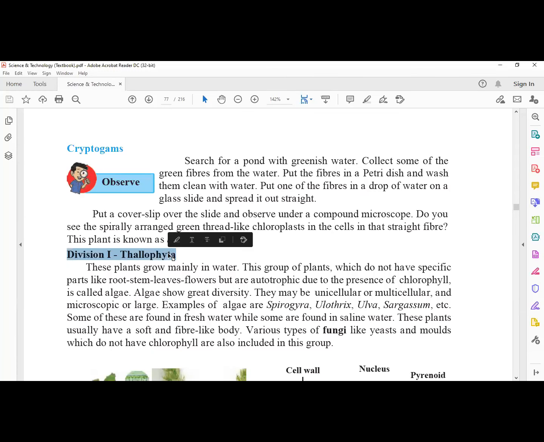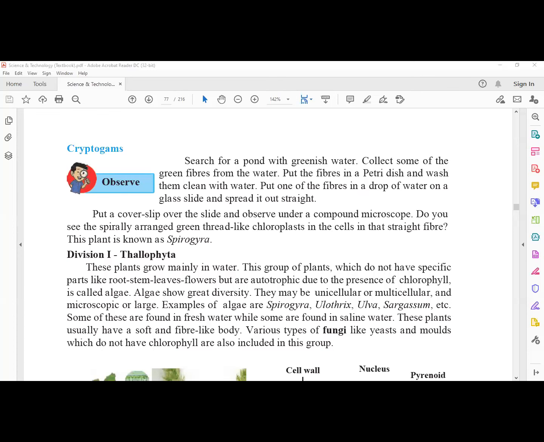See, what is the first division, that is Thallophyta. These plants grow mainly in water. This group of plants do not have specific parts like root, stem and leaves or flowers but are autotrophic due to the presence of chlorophyll. And this division of the plant is what we call algae. So we'll write each and every point one after the other under this first division, that is Thallophyta.